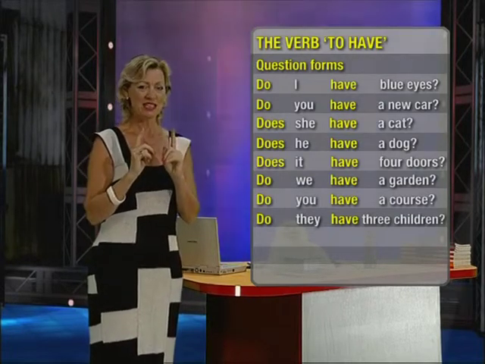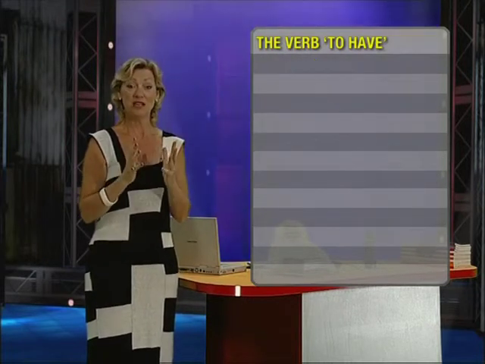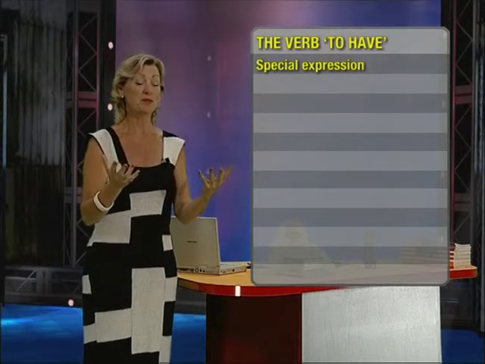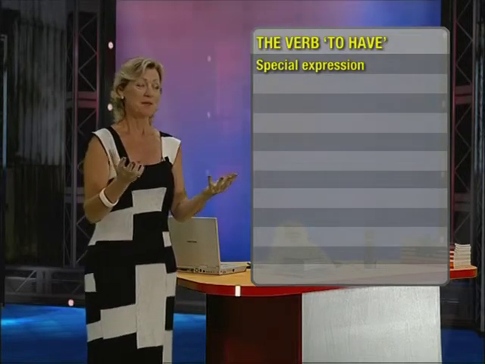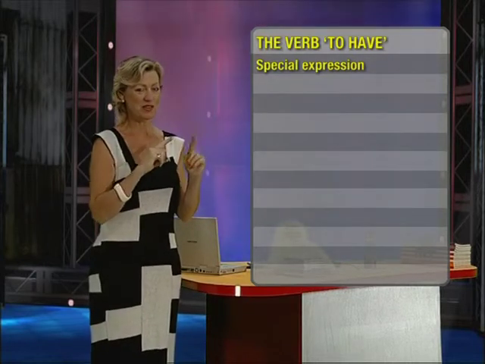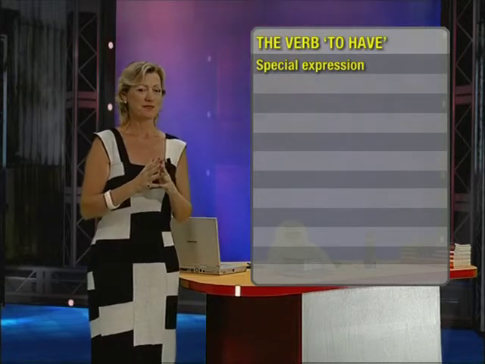Now, another interesting thing about the verb have is that often we use it in special expressions, which make up verbs with particular meanings. And in other languages, in these situations, you hear make. Let me show you.